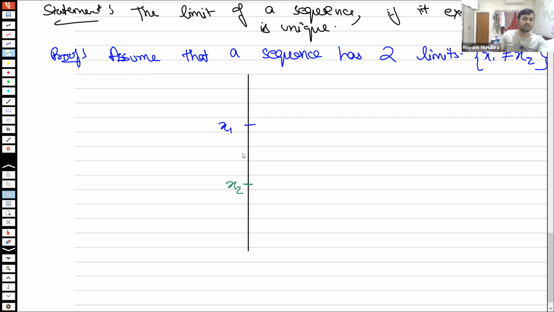Now since they are not equal numbers, they are different numbers, they are going to be on different points. Now the sequence could look something like this. I don't know what it looks like, I'm just randomly drawing some sequence.